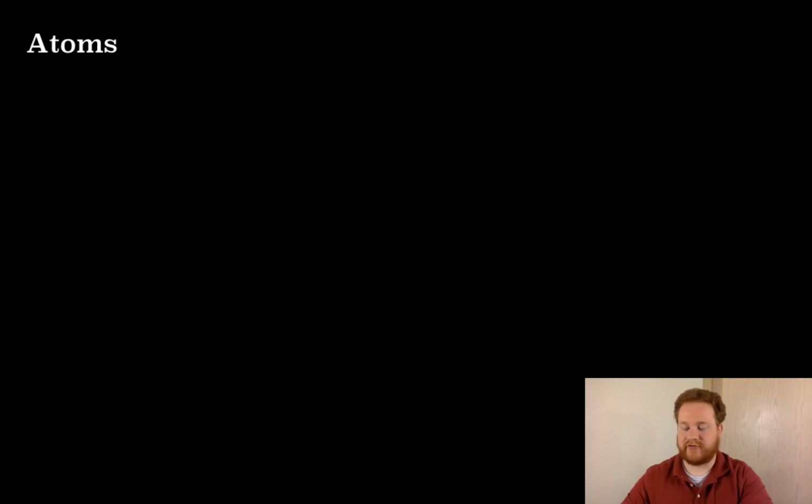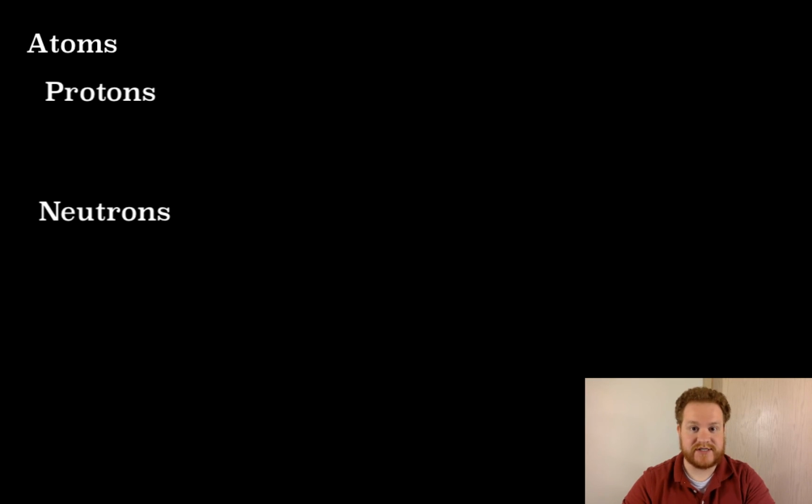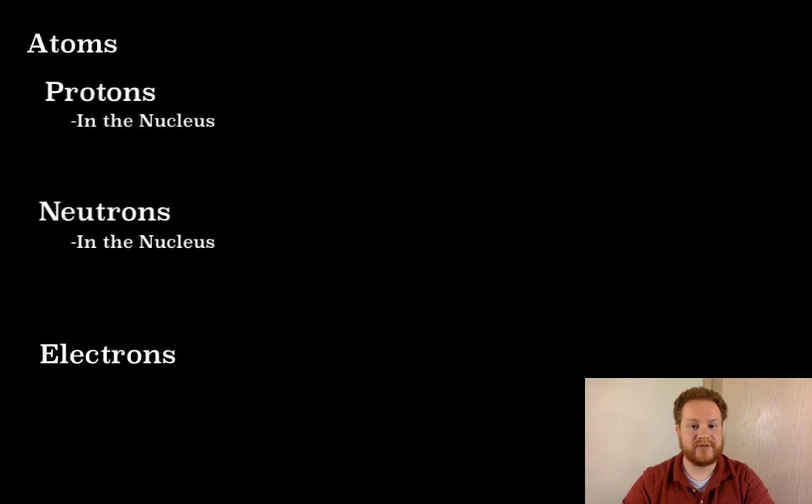Today, we talked about what stuff is made out of. We learned that every bit of matter is made from something called atoms, and that atoms are made up of three subatomic particles: protons, neutrons, and electrons. We learned that protons and neutrons are located in the center of the atom called the nucleus. We also learned that protons are positively charged and neutrons are neutral.